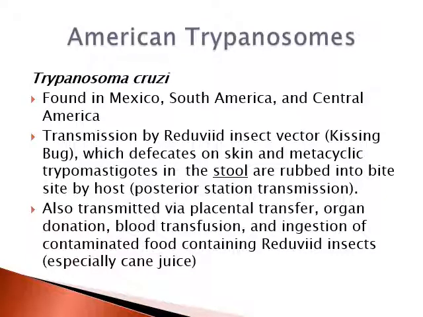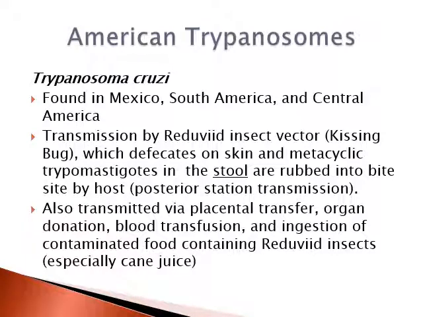scratches after their bite. This is called posterior station transmission, while the parasites injected by saliva are called anterior station transmission.